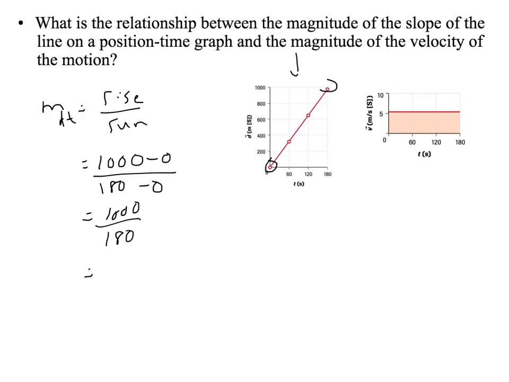If you put that in your calculator, you get 5.56. And when we look at our velocity time graph, you'll notice that's the same. So the question says, what is the relationship between the magnitude of the slope and the velocity of the motion? We would say that they are equal.